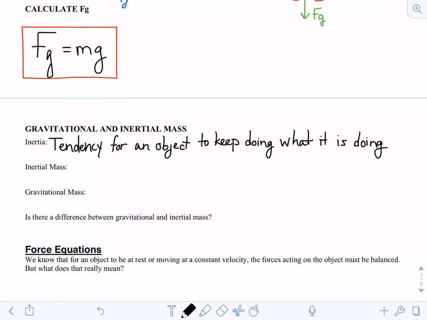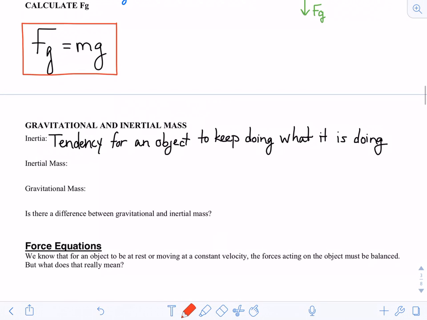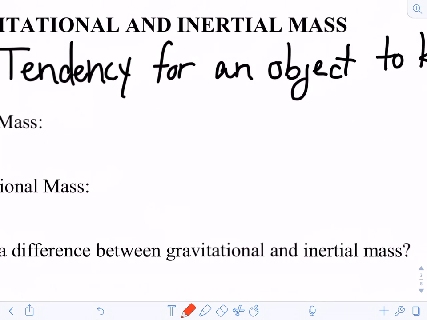Now, we don't calculate inertia. It's more just a property that we think of. Now, that does help us think about this inertial mass, though. We can find the inertial mass of an object by using Newton's second law.